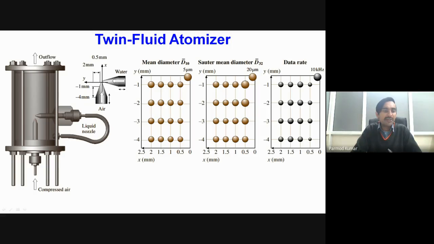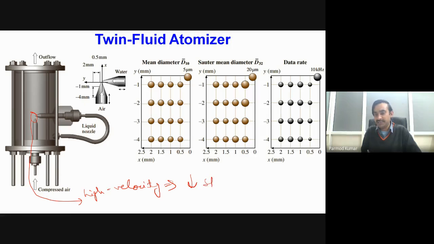Here we will be supplying a certain amount of compressed air. While the compressed air comes out of this nozzle, the velocity of the compressed air at this particular junction will be very high. Because of the high velocity, we will have a drop in the static pressure.